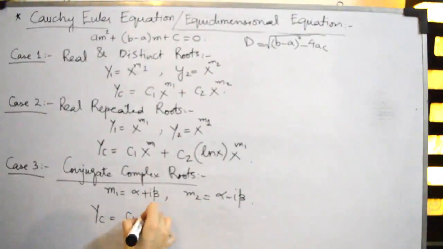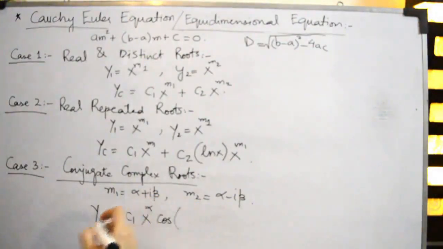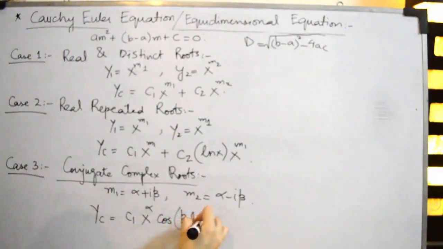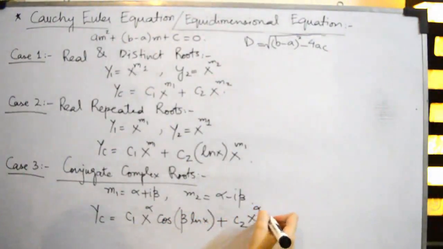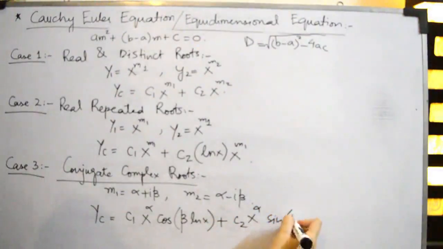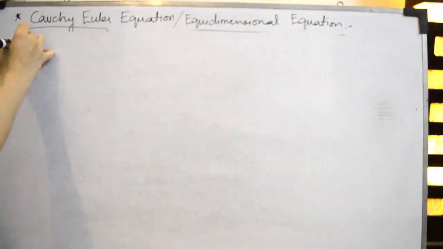You just write c1 x to the power alpha cos of beta natural log of x, plus c2 x to the power alpha sine beta natural log of x. So here is the complementary solution of the Cauchy Euler equation. So these three are the cases.